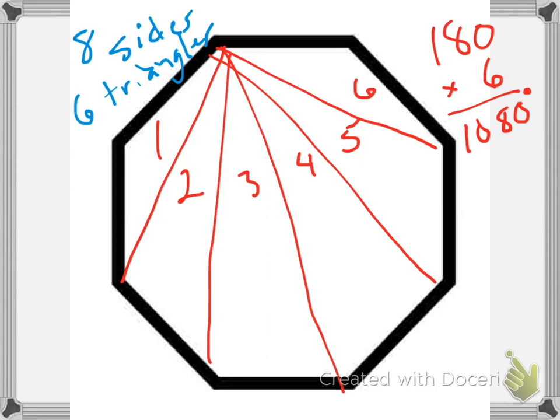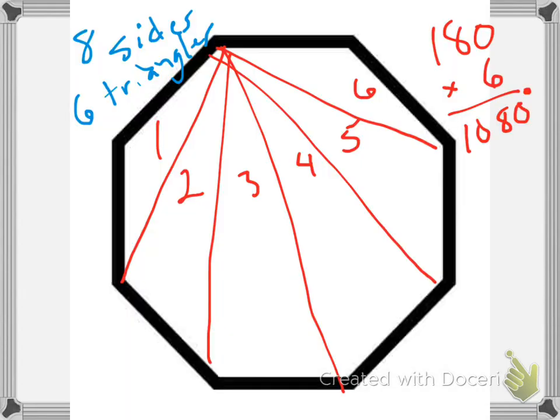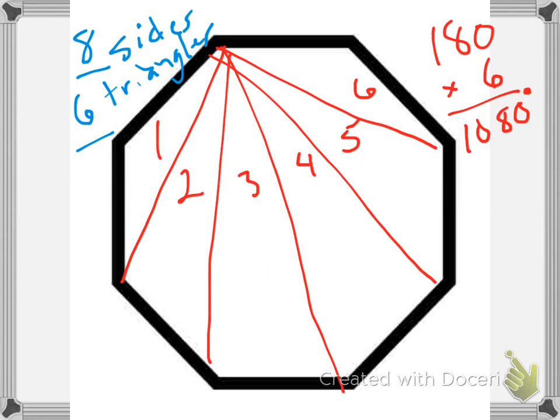If you said there's a difference of 2, you would be correct. There's a difference of 2 between the sides and the triangles. So my sides and my triangles, what does that difference mean? Subtract 2. Very good. So we want to subtract 2. Okay, well, what could represent the different number of sides? A variable, n. So we use n minus 2, and then what would be a good number for us to multiply this by? 180, because we're talking about the triangles.